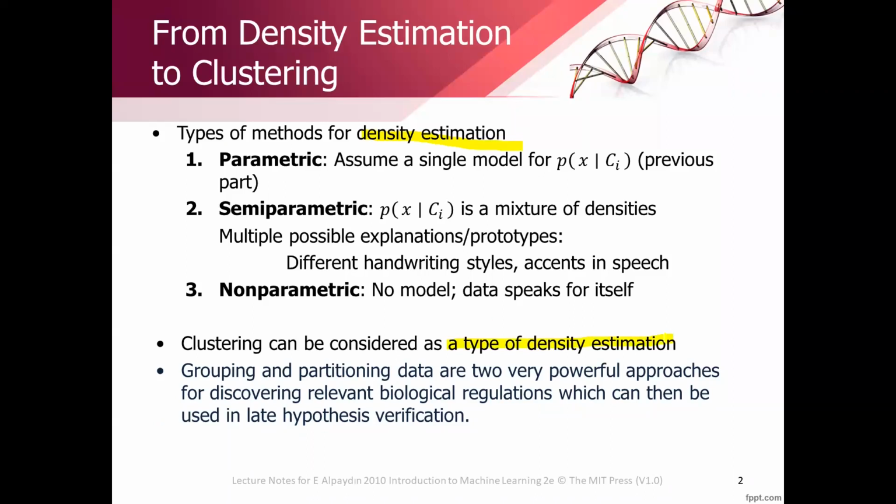So we would like to discover the structure of the data, and by structure I mean where some groups of data are. If we approximate the density, where will the density be highest? Of course, in the part of the space where there are observations.